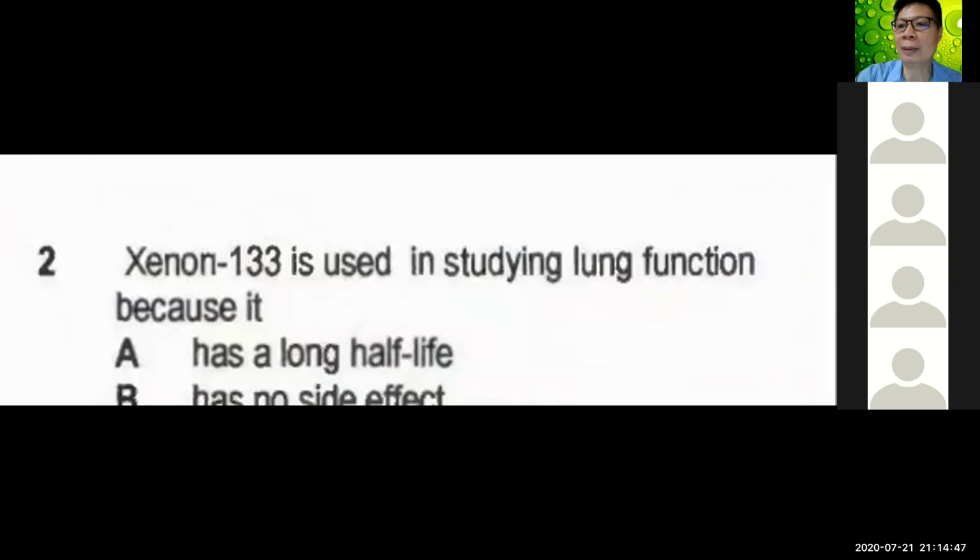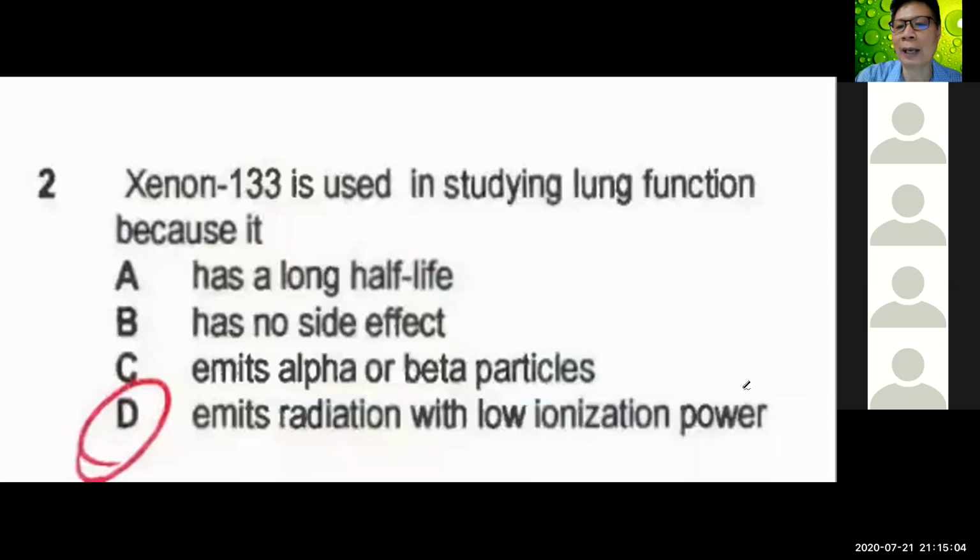What is the reason we chose Xenon 133 to study lung function? Okay, because of low ionization power. This is what we want. We don't want ionization inside our body. Okay.